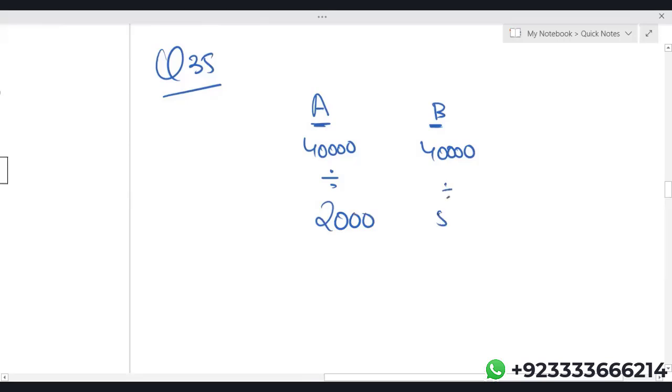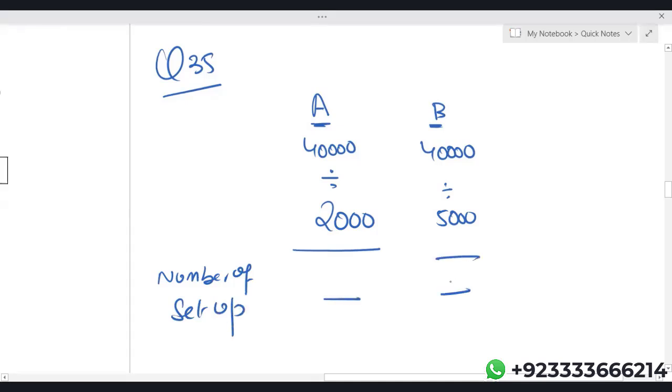B, it is 5,000. This will give us the number of setups. Actually, after each production run, you have to bear the setup cost. So 20 and 8. So the total is 28.